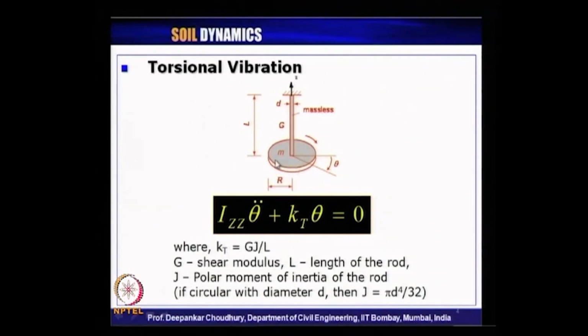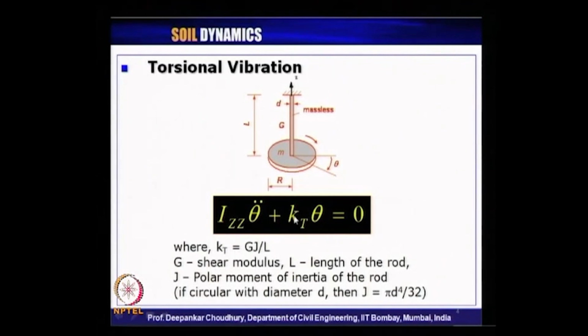Suppose this circular disc of radius r with mass m is vibrating with a small rotational or torsional vibration with angle theta, and this is the rigid rod connected to the disc with circular cross section, diameter d and length L. We have seen the equation of motion is I z z theta double dot plus k t theta equals 0, where I z z is the mass moment of inertia for this circular disc about this axis z, k t is the torsional spring constant, and theta is the rotational displacement.